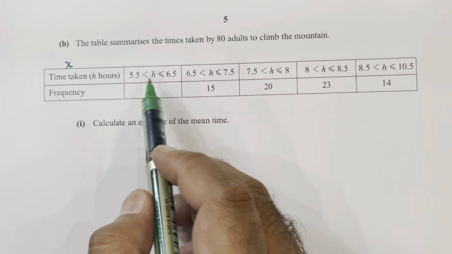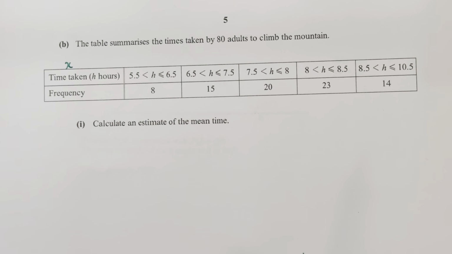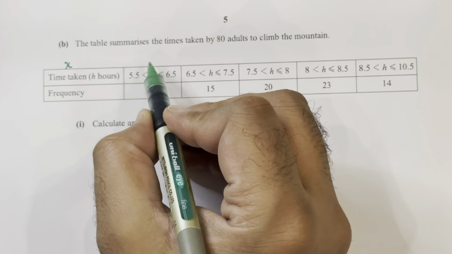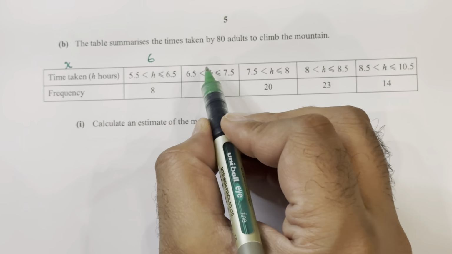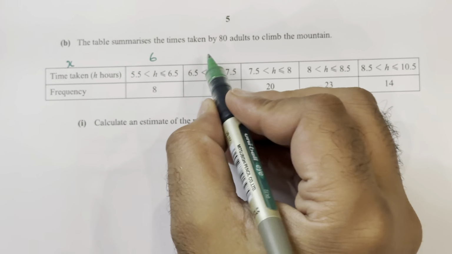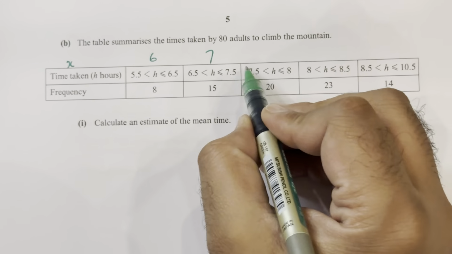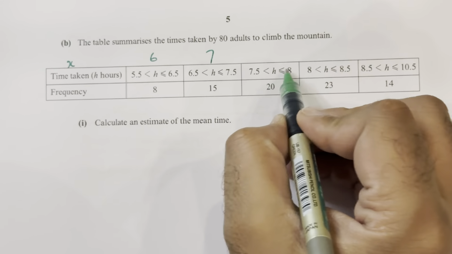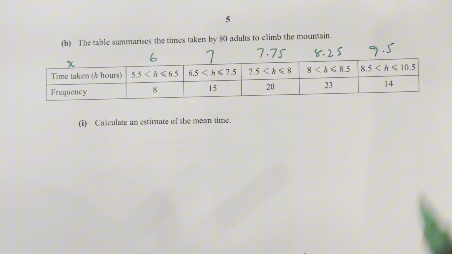We can calculate the x by 5.5 plus 6.5 and divide by 2, you get 6. Then 6.5 plus 7.5, answer will be 14, divided by 2, you get the value 7. Then 7.75, same way 8.25, and this would be 9.5.